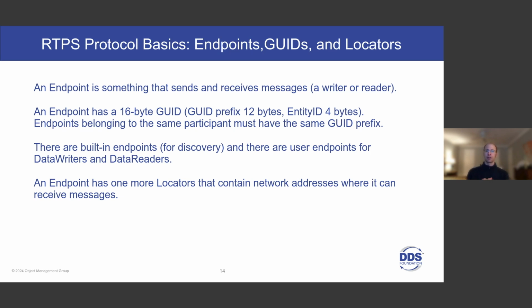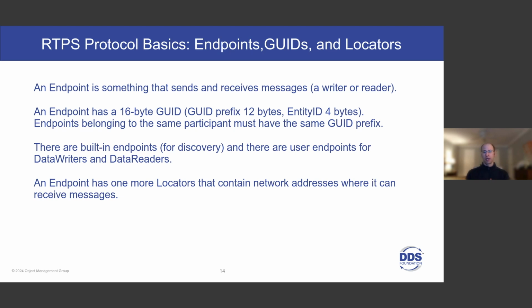An endpoint is something that sends and receives messages. In this case, it's a writer. A writer is writing data, and a reader is receiving that data, and there may be additional communication going on for reliability. But if you're sending and receiving messages, then you are an endpoint in RTPS terminology.